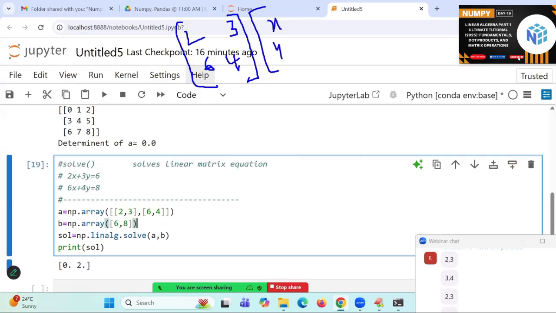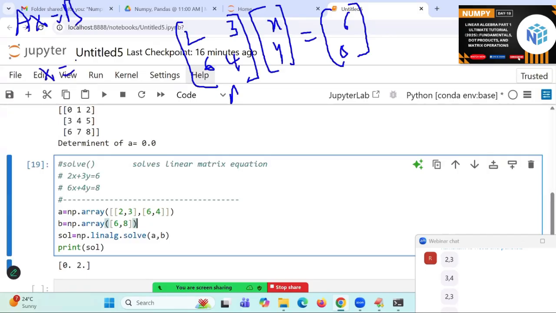So x and y, the output is going to be 6 and 8. As I already said, this looks like A x is equal to B. X is equal to B A inverse. What is this now?